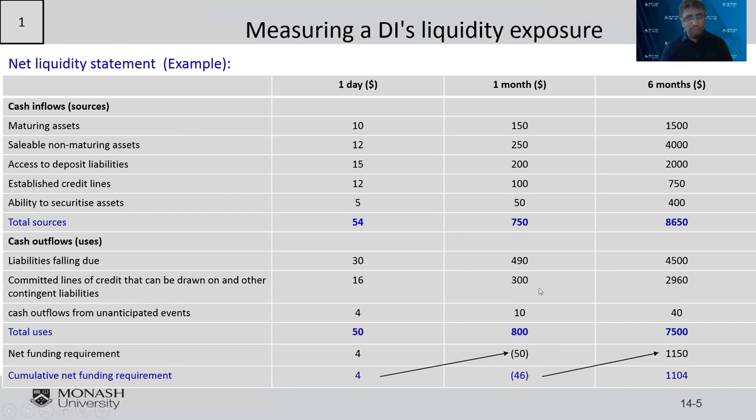So we have here sources of 750, uses of 800. The difference is 50, and then because we are talking about cumulative, not a single month or single day, it's 46, which means you have 4 surplus here, 50 deficit here, so 46.